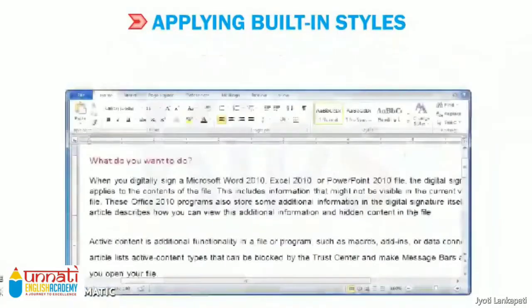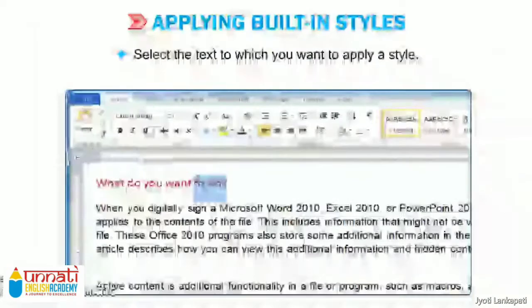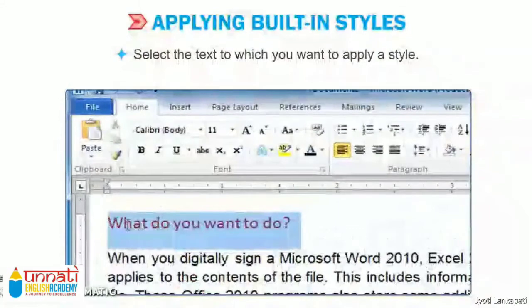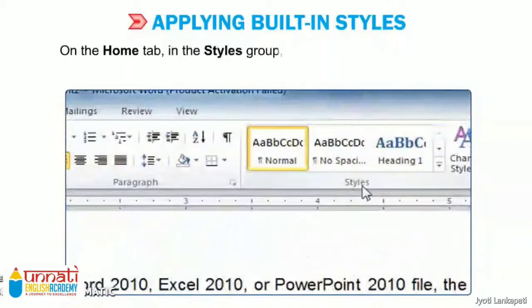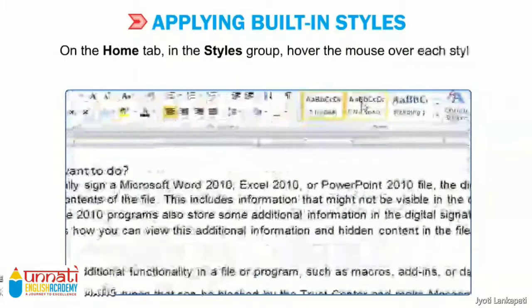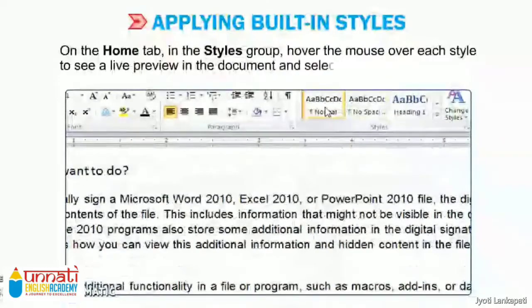Select the text to which you want to apply a style. Here I am selecting the text. On the Home tab, in the Styles group, hover the mouse over each style to see a live preview in the document and select any one of your choice.